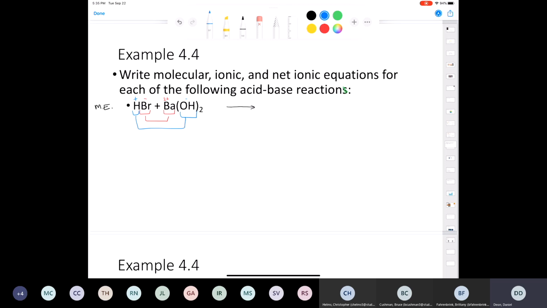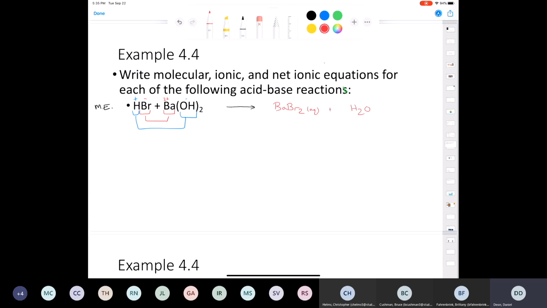But anyhow, that's what's happening, right? This is where the water comes from. So you end up with BaBr2, barium bromide, which is aqueous, plus H2O.